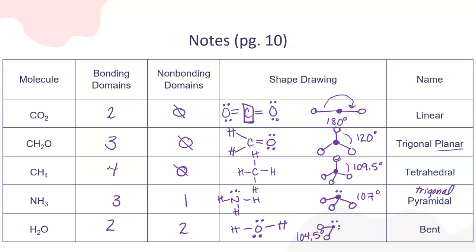It makes it no longer flat because it's going to push on those bonds and it'll pop up like a pyramid instead of being flat because they all repel. That's the big idea for VSEPR theory: electrons in bonds and in lone pairs repel each other to give a 3-dimensional shape. And the bond angle is much larger than 90 degrees. Sound good? Anybody need me to zoom in on these?